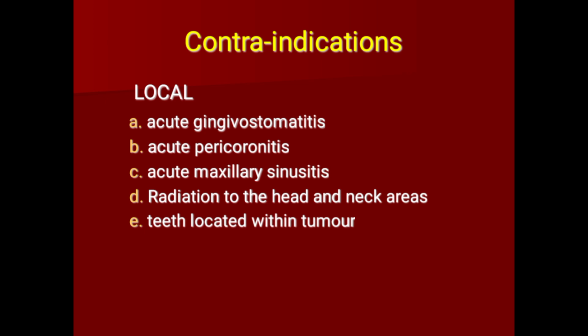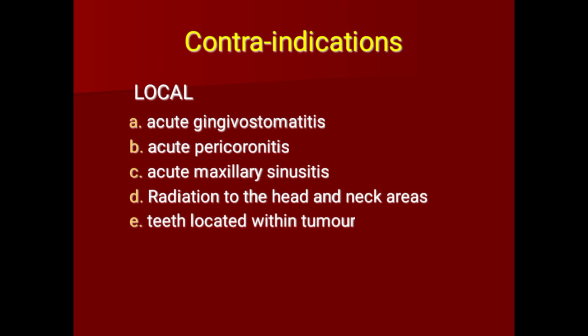Acute maxillary sinusitis, and radiation to the head and neck areas, which I have already told you, causes osteoradionecrosis post-operatively, when after radiation we do an extraction. After extraction, what happens? Radionecrosis is induced in that specific area.